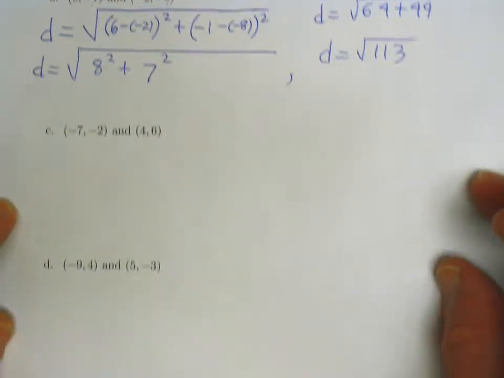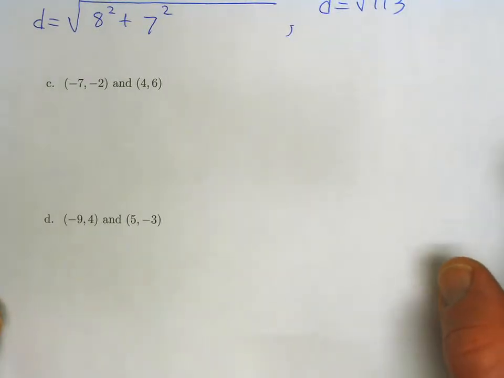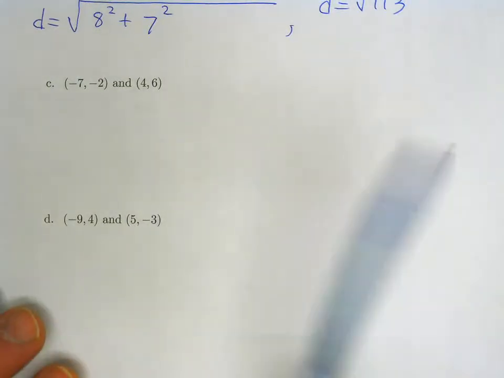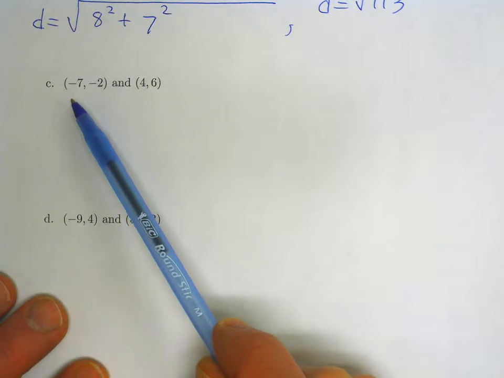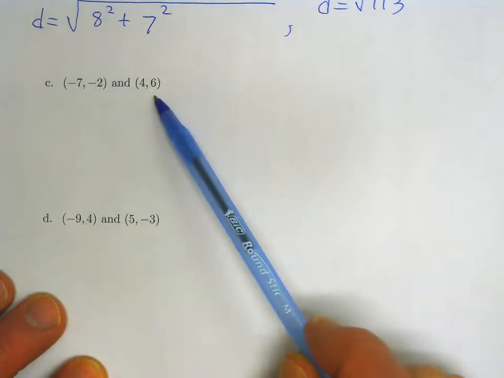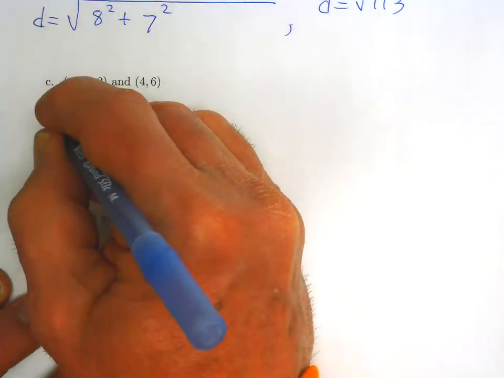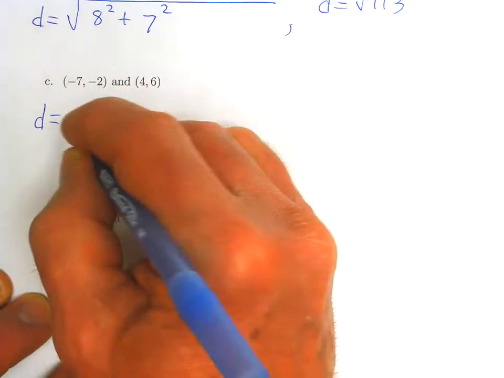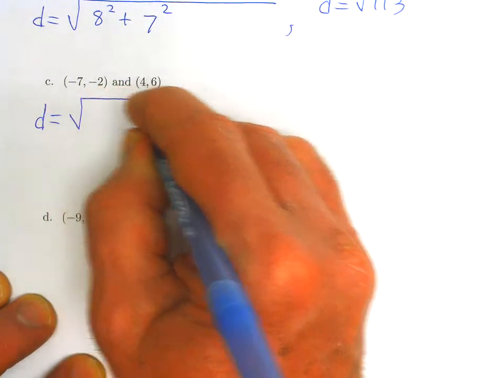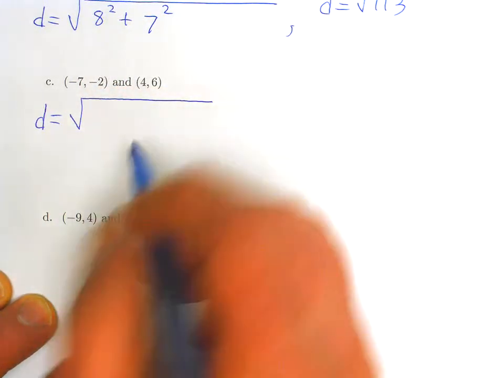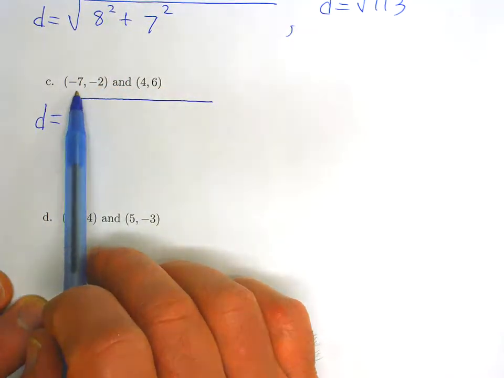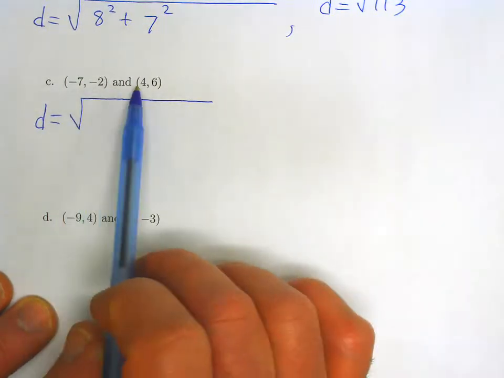Okay, a couple more examples. Find the distance between the point negative 7, negative 2, and the point 4, 6. Okay, so the distance equals square root of a number. So first focus on the x coordinates, negative 7 and 4.